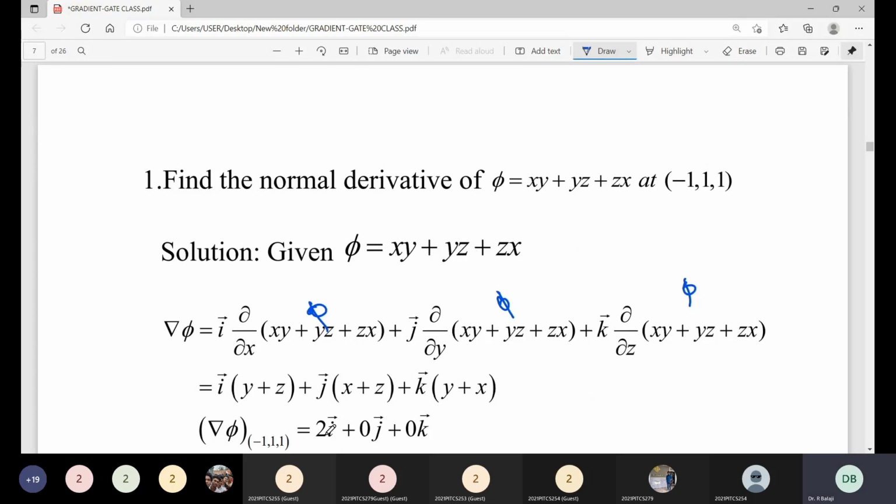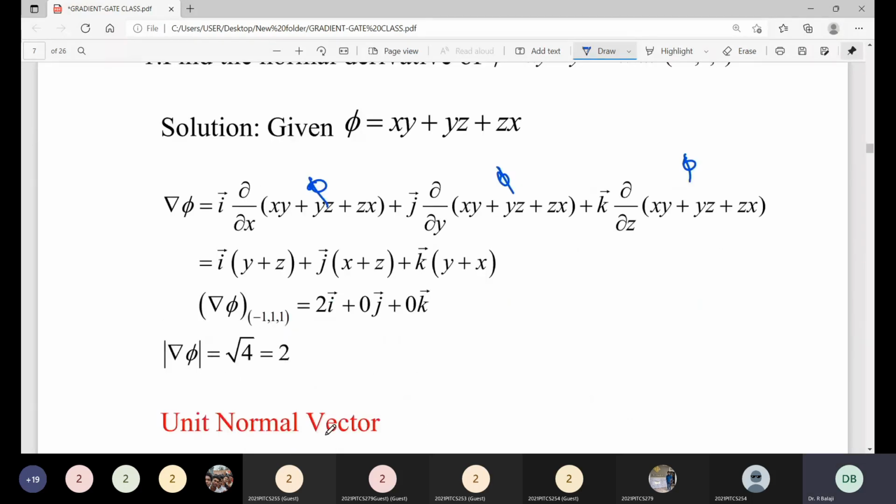Del pi at the point minus 1 comma 1 comma 1 is equal to 2i vector plus 0j vector plus 0k vector, which is 2i vector. Now, modulus of del pi is equal to root 4, which is equal to 2.